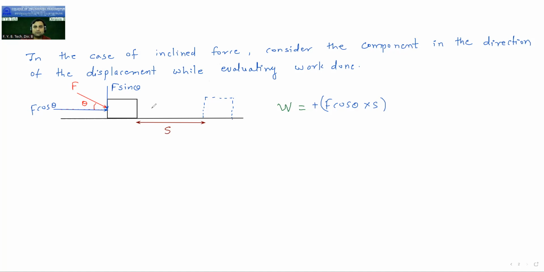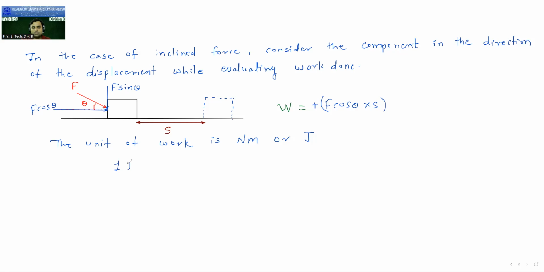Okay. So next is the unit of work. What is the unit of work from this formula? It is Newton meter, because displacement is in meters and force we can calculate in Newtons. So Newton meter is called joule.